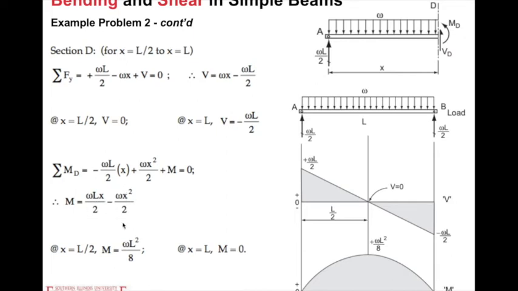Here D is moved from the middle of the beam to the end at B, so that's a range from half of L to L. Then we draw these two piecewise segments and find the shear is a downward sloping line here, and the moment looks like a quadratic concave downward curve like this, which is the moment diagram.